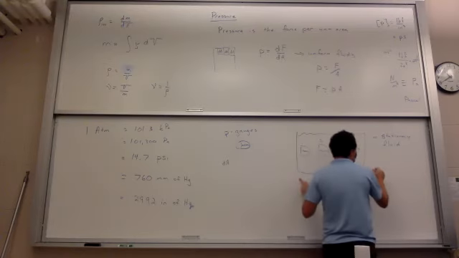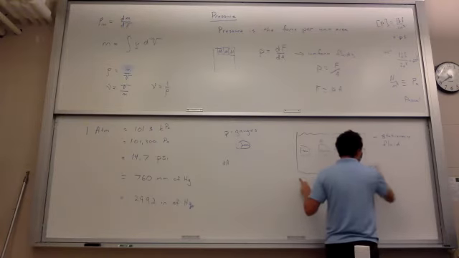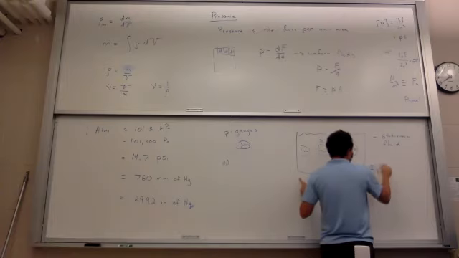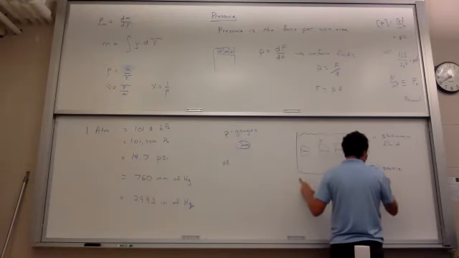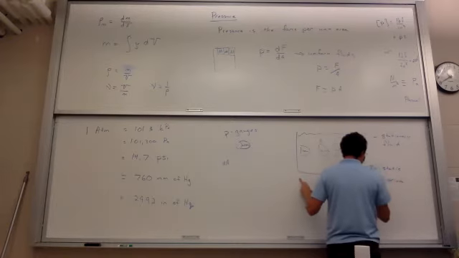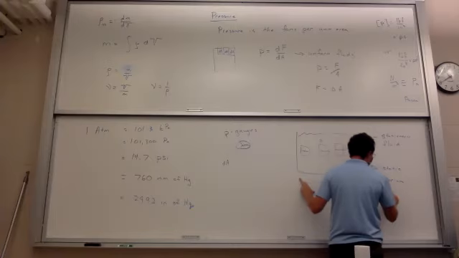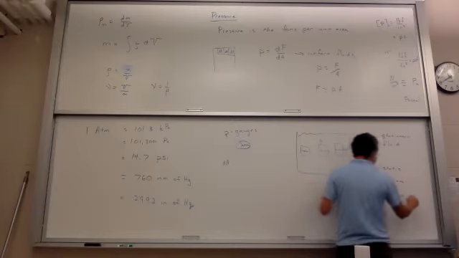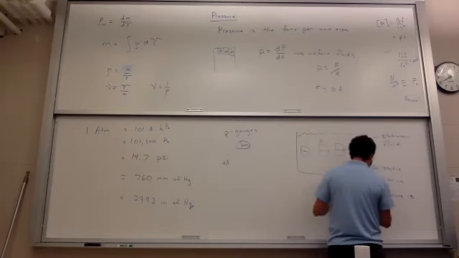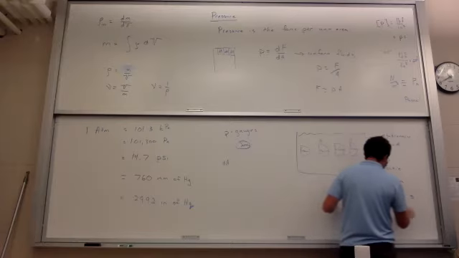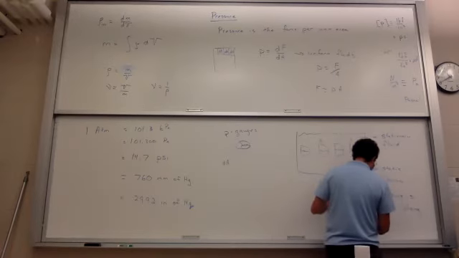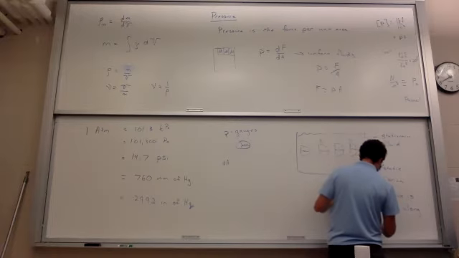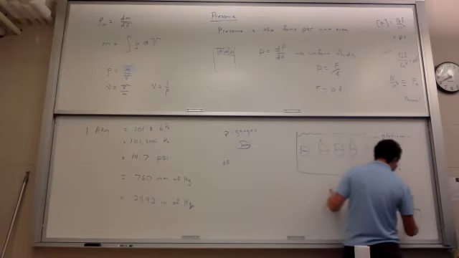So in static equilibrium, the pressure is constant along horizontal slices.